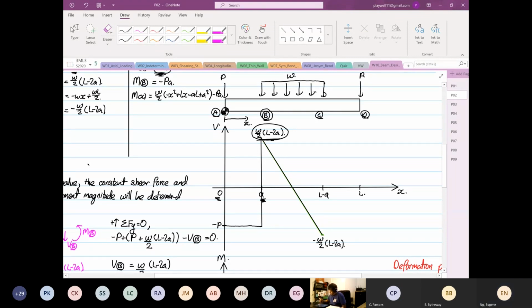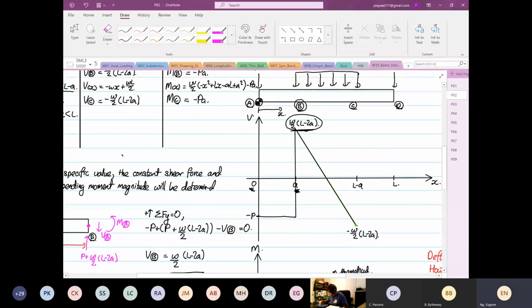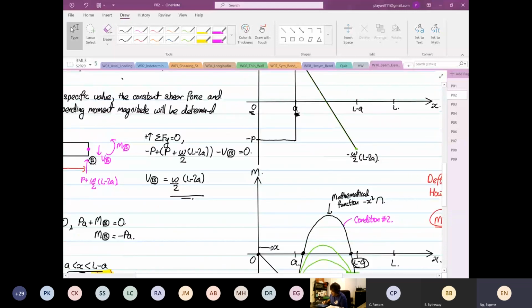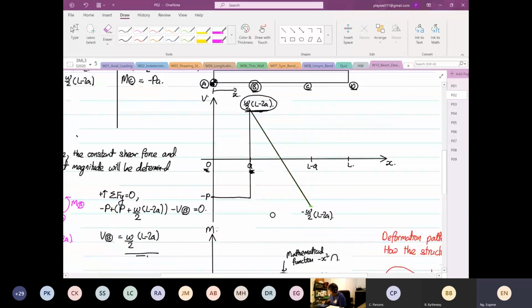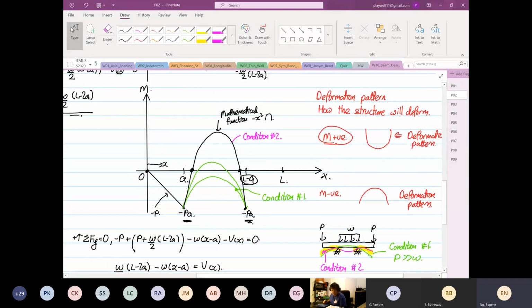That is our point. And then our moment at point C is equal to minus PA. At this point, we already calculated it in the other equation, when we were testing that equation over there. That's why we have the value minus PA down here. Then likewise, we have point C.